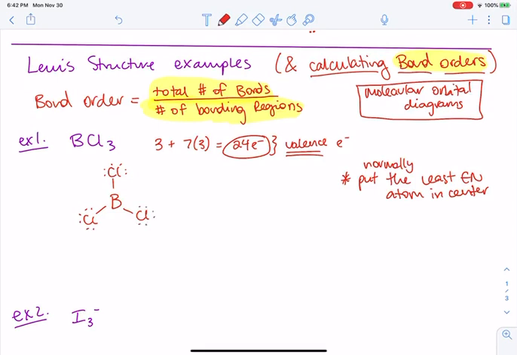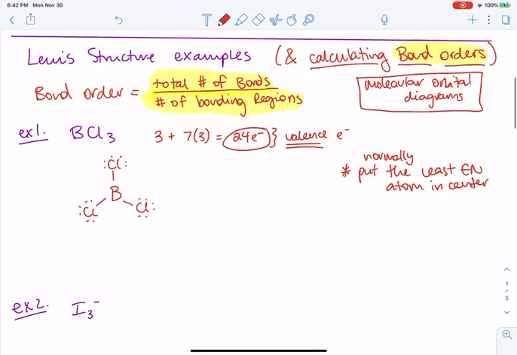And there we go. We have 6, 12, 18 lone pair electrons, 20, 22, 24 total. This is perfect, right? The boron only needs 6 electrons. It's one of those exceptions. And the chlorines have to have at least 8. There we go. So let's calculate the bond order here.